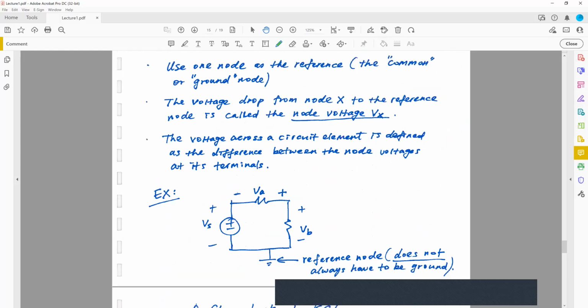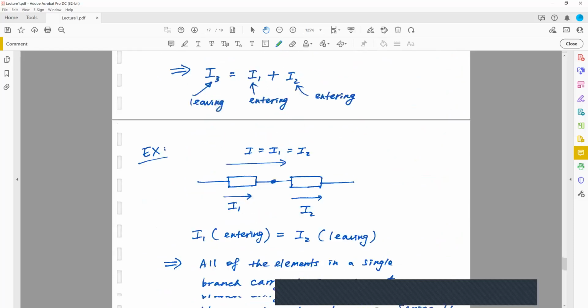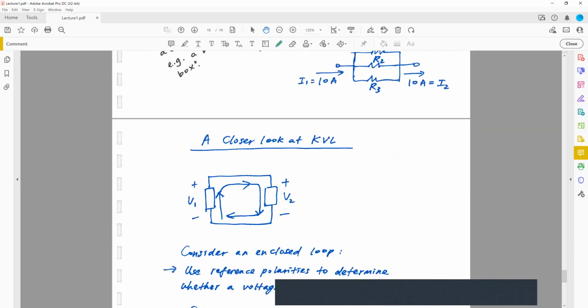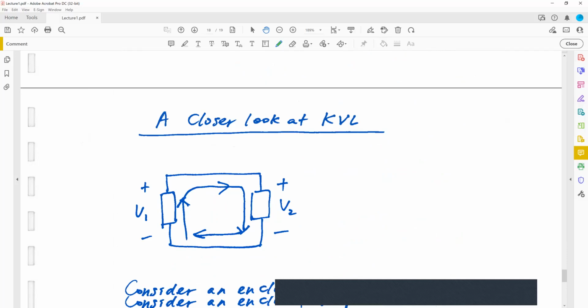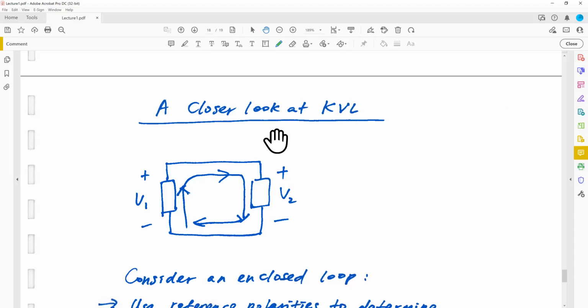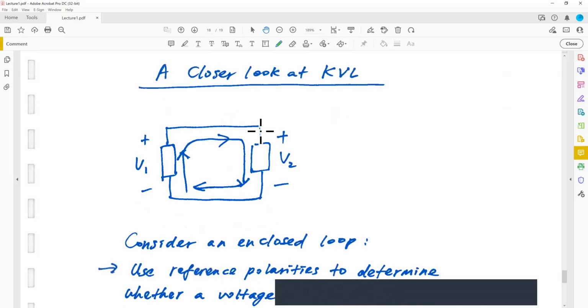So let's see, let me just go to this one over here. The algebraic sum of all the voltages around a loop has to be equal to 0. In this case, I have this simple circuit, and this circuit consists of 2 elements.